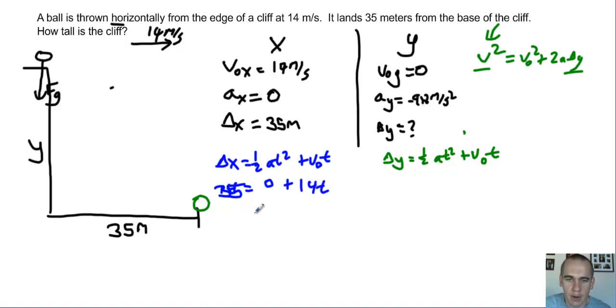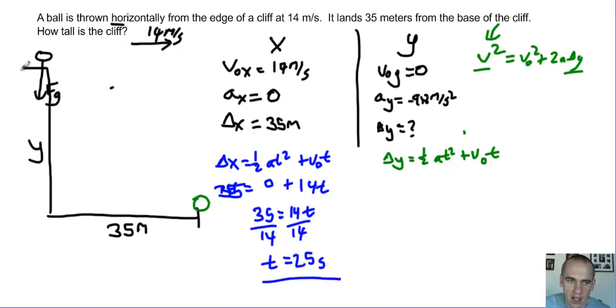So I have 35 equals 14t, which means I can divide by 14 on both sides, and t is 2.5 seconds.